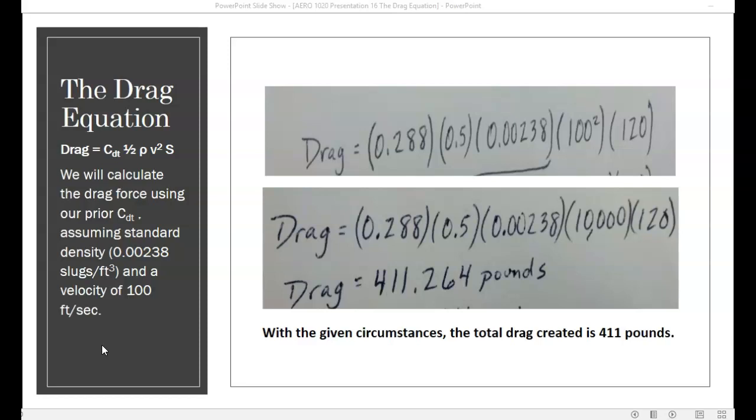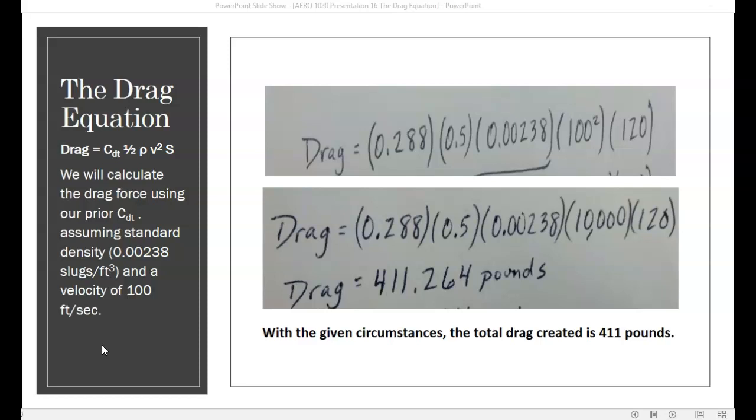Since the equation includes velocity squared, any increase in velocity is going to increase drag exponentially. Drag is also influenced by the area of the wing, influenced by density, as well as by angle of attack, because angle of attack will have an influence on the coefficient of total drag.